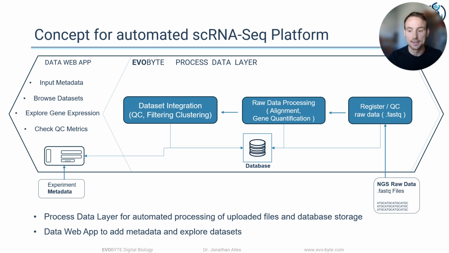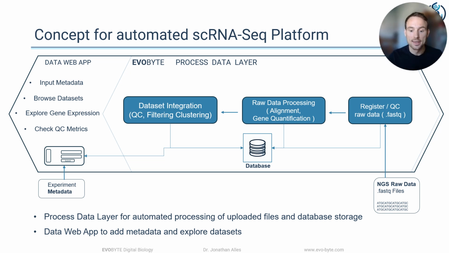Then we have basically the raw data processing, and this includes performing the alignments and the gene quantification, so the actual analysis of the single-cell RNA-Seq dataset that leaves us with the gene counts for each of the cells that we sequenced. And finally, we would like to perform the integration step in which we combine multiple datasets.